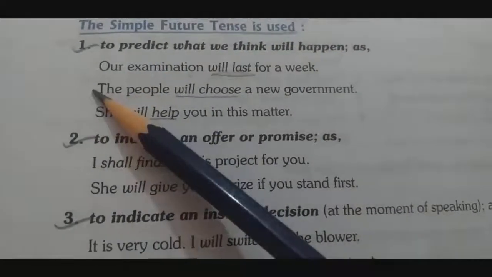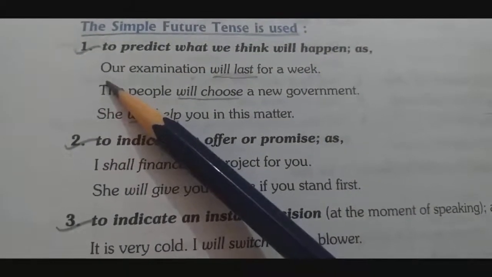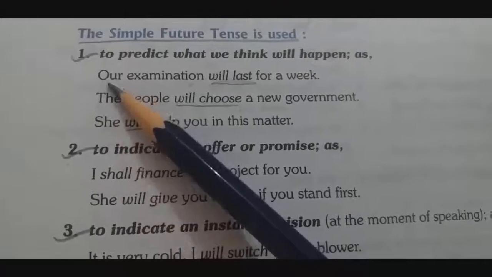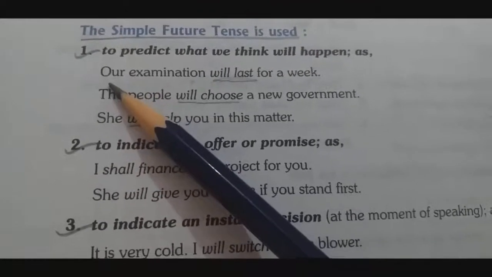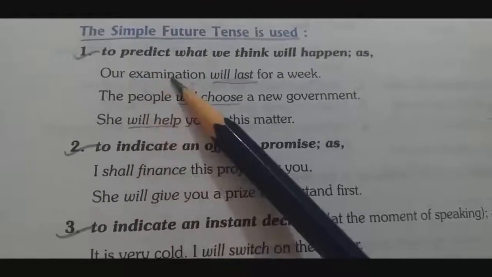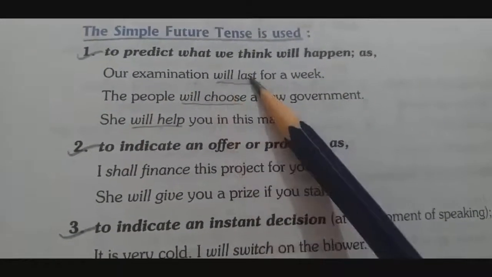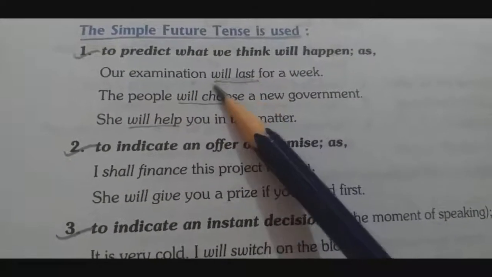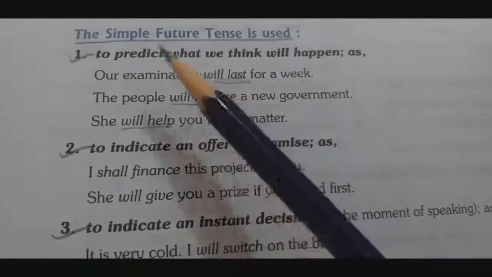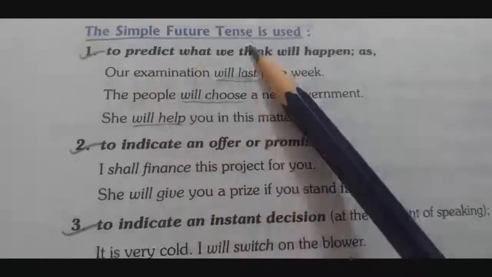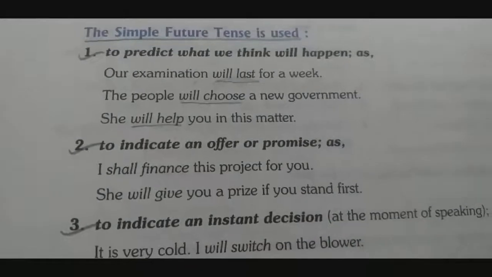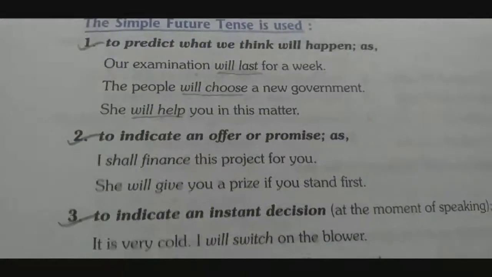And in example number 1, what do I think? I think, or I am sure, our examination will last for a week. So all these tenses along with the verb fall under simple future tense. Clear to everyone? Now let us see point number 2.